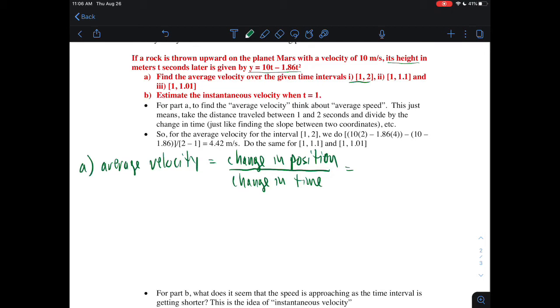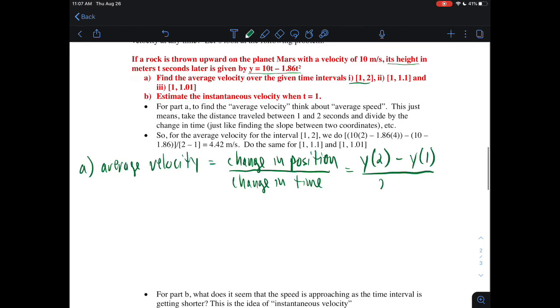So I'm going to write this as y evaluated at 2 minus y evaluated at 1, and then divide that by, just like we did in the previous example, the given independent values, t equal 2 and t equal 1. I'm going to subtract those.